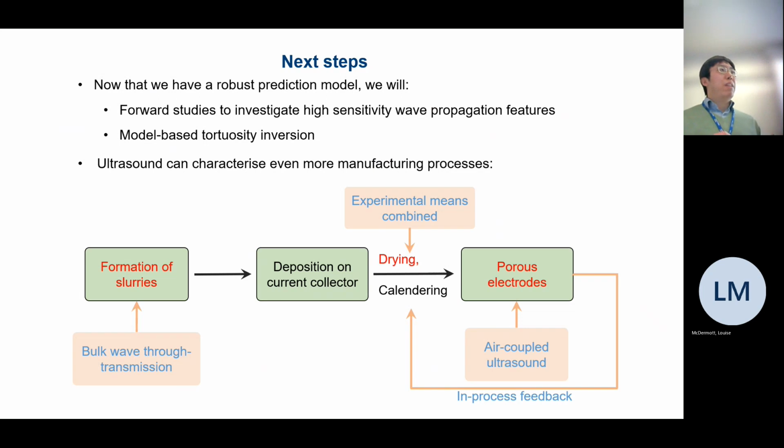That will be a very interesting process, because slurries and porous structures are completely different materials in terms of ultrasound, and their behaviors will be completely different physically. So it would be interesting to see how ultrasound would behave in the drying process as well.